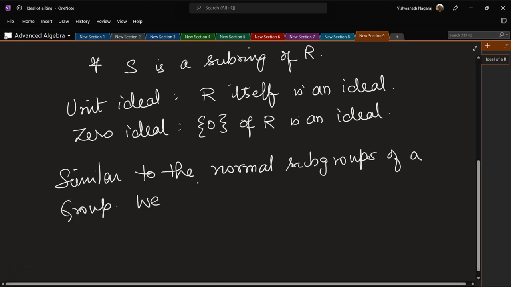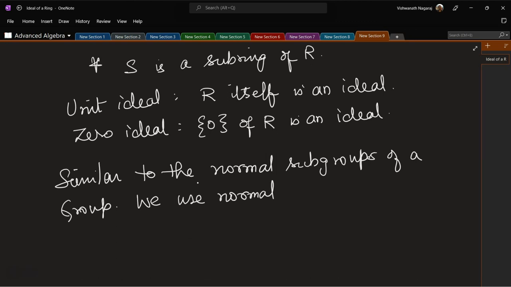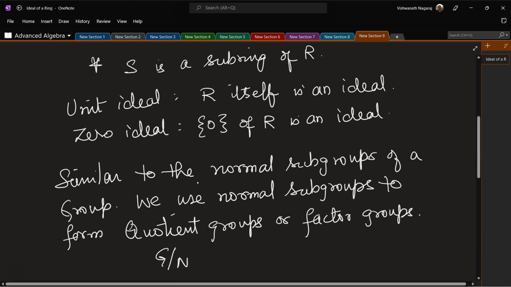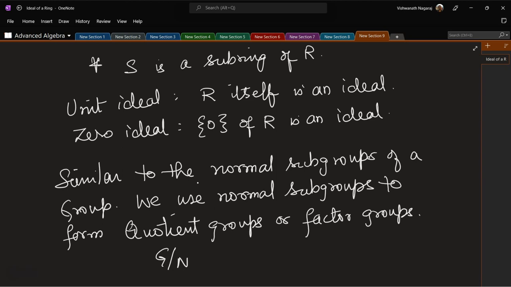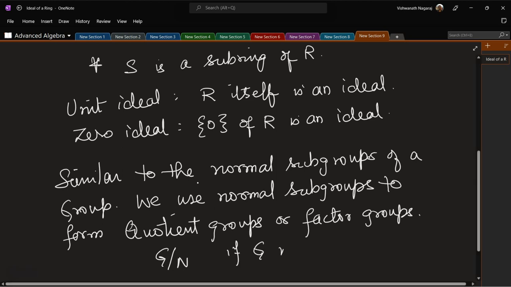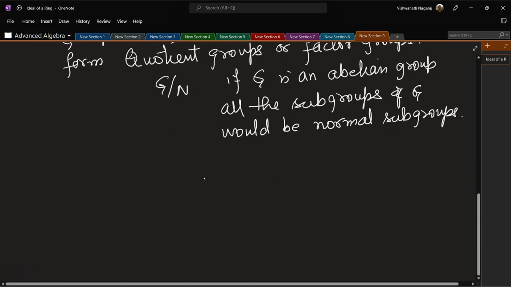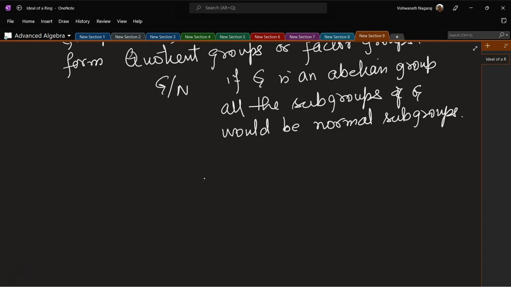And we know that we use normal subgroups to form quotient groups, or also called factor groups, which we represent as G by N or G mod N. Now, if G is an abelian group, we also know that all the subgroups of G would be normal subgroups. Naturally, if there are no normal subgroups of a group, then we can't form quotient groups.